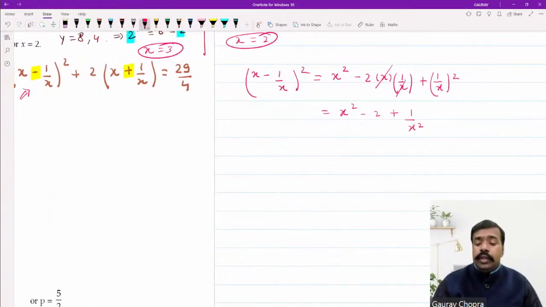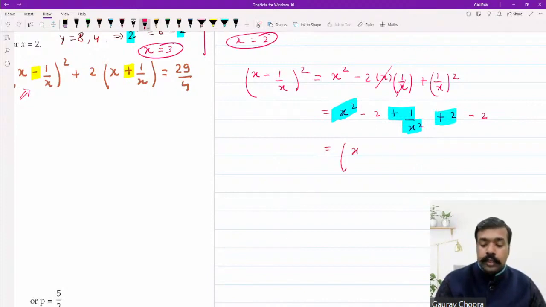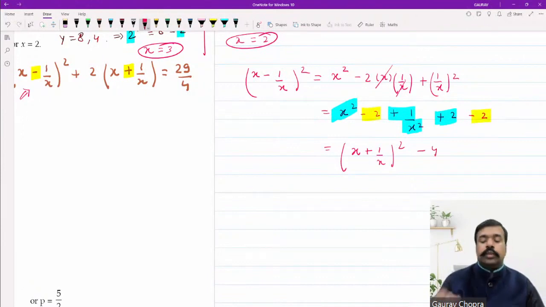Now if we add 2 and subtract 2, what will happen? We can combine x square plus 1 upon x square and then plus 2. If we combine these three together, it becomes x plus 1 by x whole square, and the leftover is minus 2 and minus 2, which makes it minus 4.